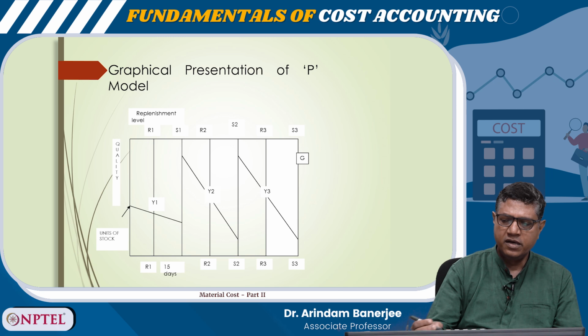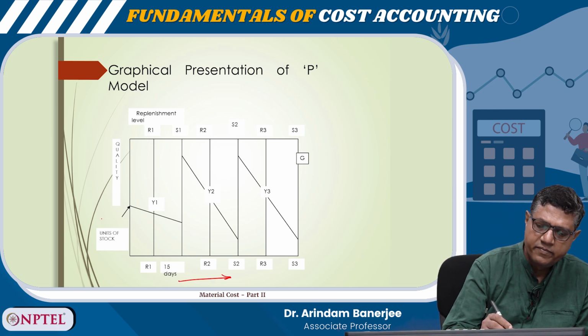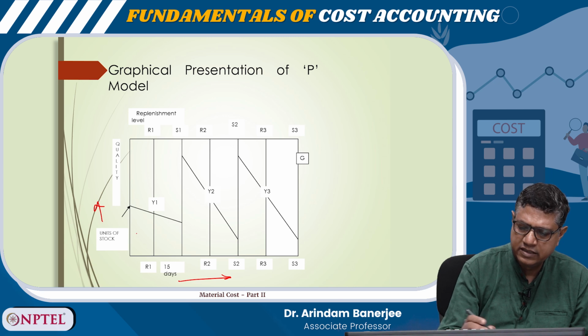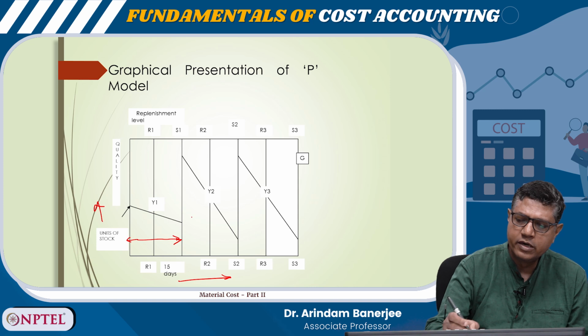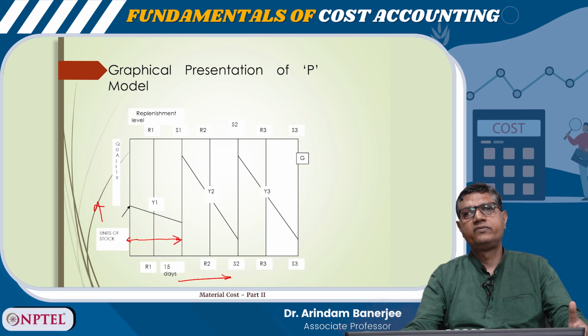You see the number of days are shown here, and these are the units of stock. At every regular interval, say 15 days, from here to here, a new order is placed irrespective of the level of stock at that point of time.